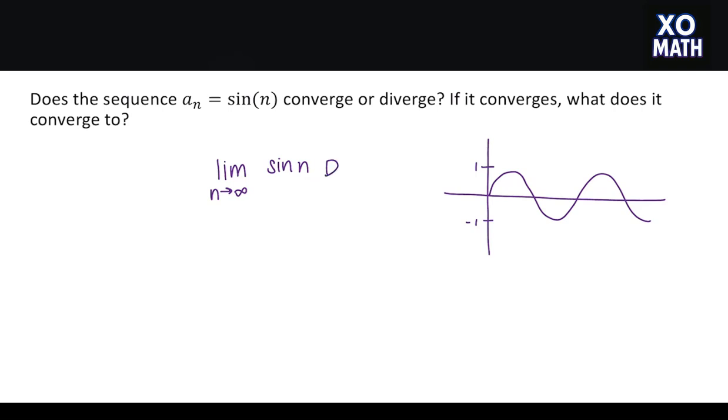So in a similar manner, if we think about the discrete function, the sequence, which is just going to be specific points that we take at each integer value along the sine function, those too are not going to get close to any one particular number. So since the limit as n approaches infinity did not exist, it's not a real number, we would say that our sequence in this case diverges.